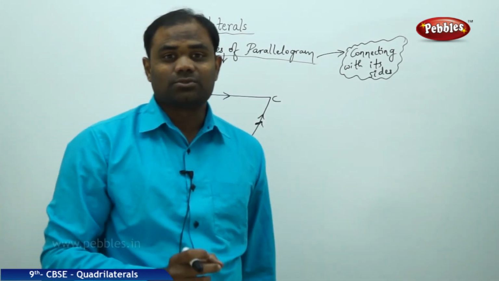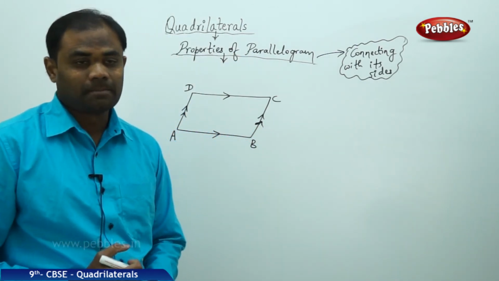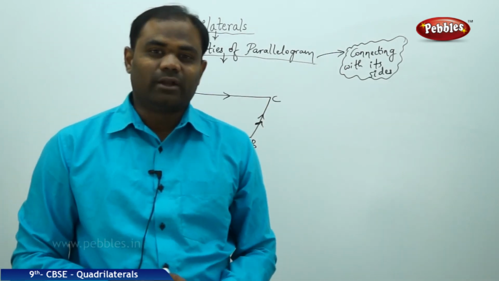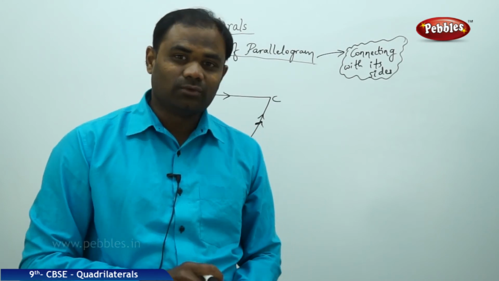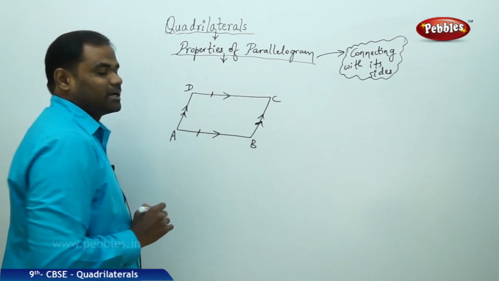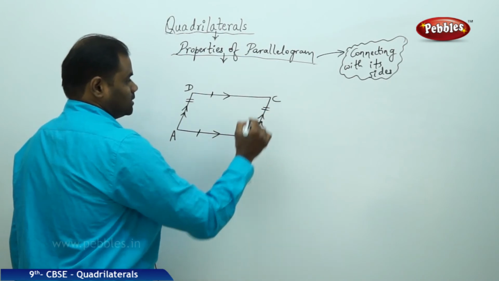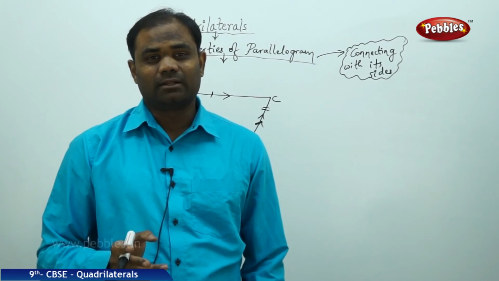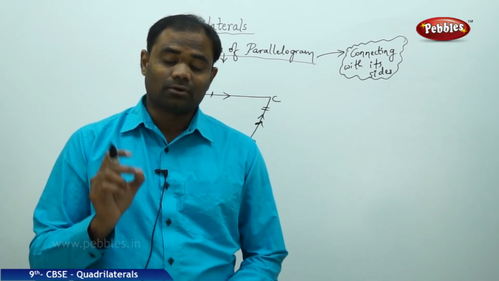Therefore, it comes to an interesting geometrical property which arises out here. The pair of parallel lines makes a bounded region where the lengths are equal. The pair of parallel lines always makes the lines to be equal. So this side must be equal to this, and this side must be equal to this. That is, when the opposite pairs are parallel in a quadrilateral, their opposite sides are also equal.